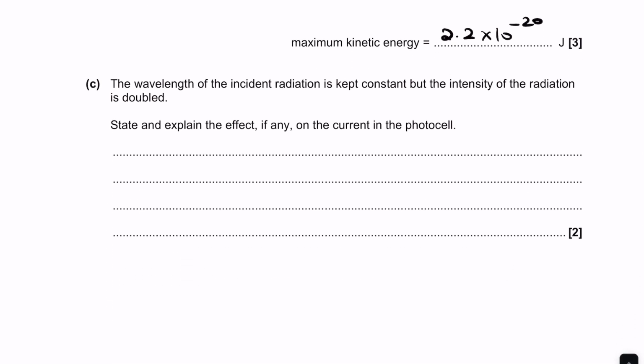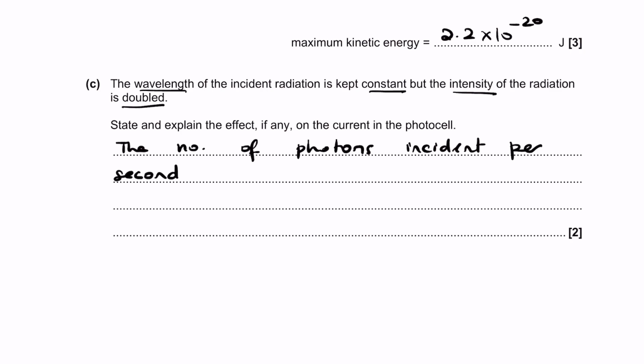Part C. It says the wavelength of the incident radiation is kept constant, but the intensity is doubled. State and explain the effect, if any, on the current in the photocell. Because the intensity is doubled, the number of photons incident per second doubles.